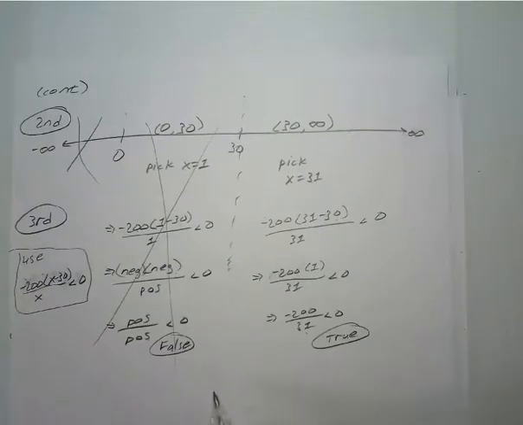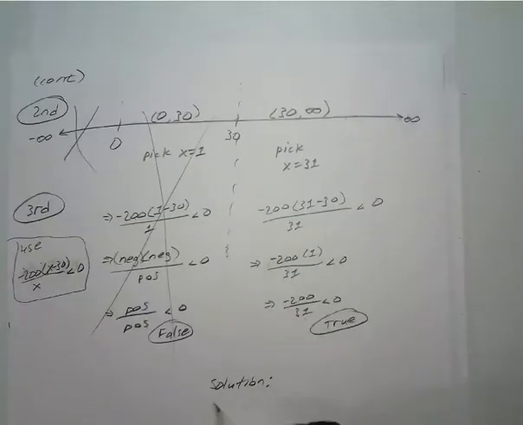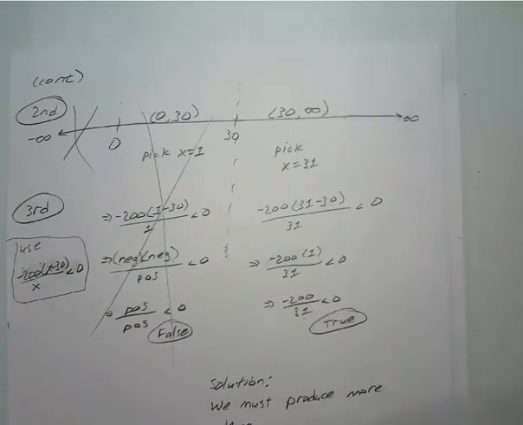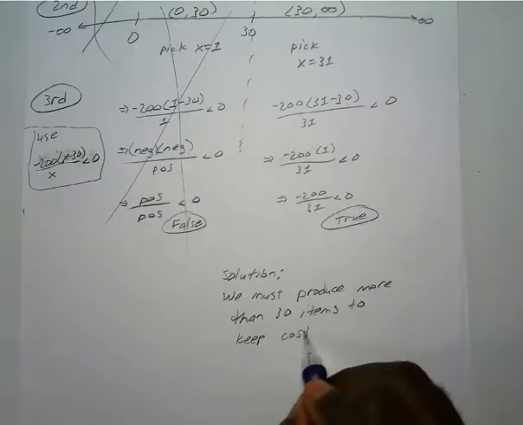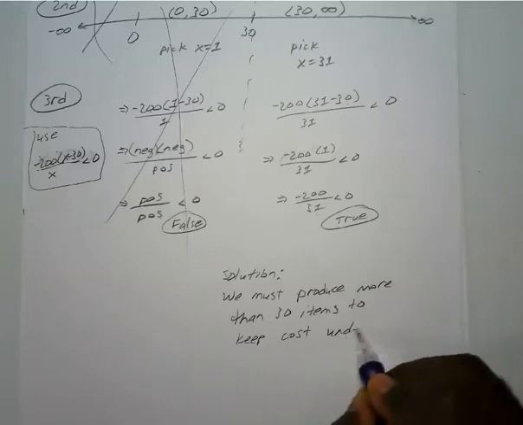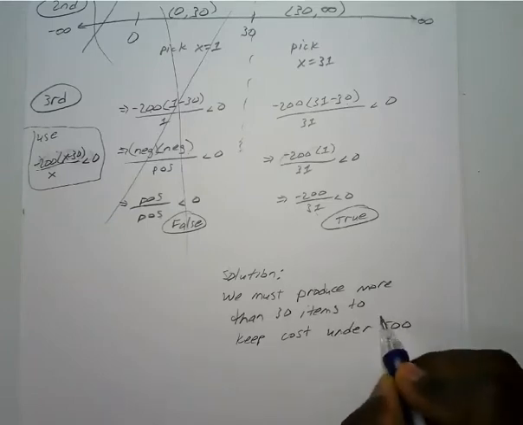Okay, so what this lets us know is that for our solution, we must produce more than 30 items to keep costs under $500.